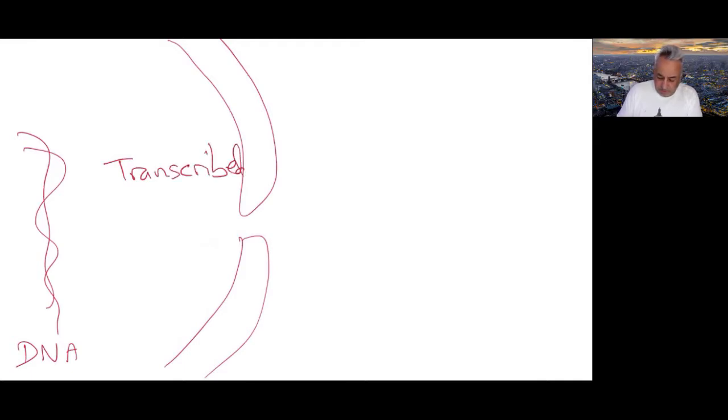So the best thing to do is first understand the general pathway of the central dogma, where we have in the nucleus, let's just draw a nucleus here, we have DNA, and the DNA is first transcribed to pre-messenger RNA.